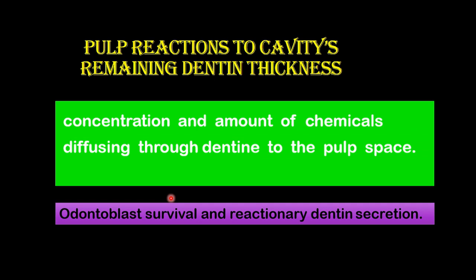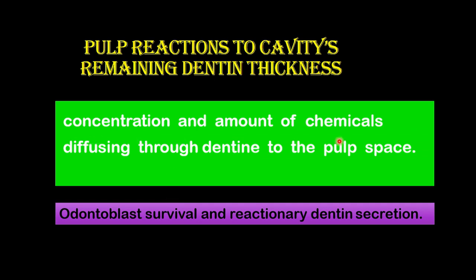So basically, a reactionary response is associated with a small and slowly progressive lesion, whereas in case of a very active lesion, there will obviously be a death of the primary odontoblast, and in that case reparative dentinogenesis will be seen. So basically, it is the activity of the caries lesion that has a strong influence on the nature of the tertiary dentinogenesis response.